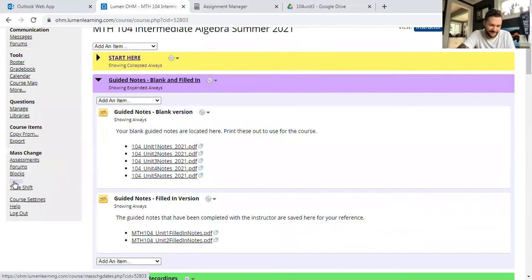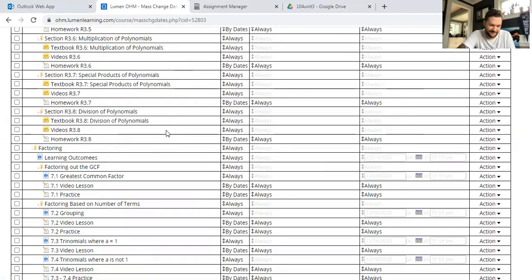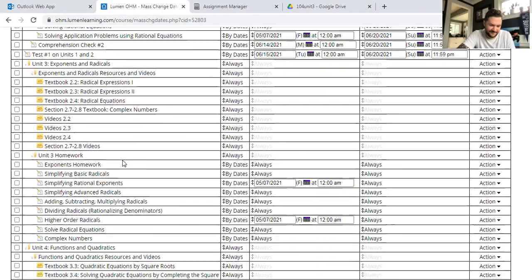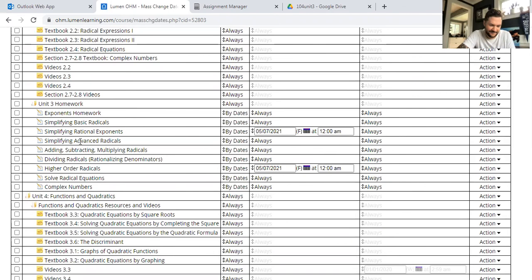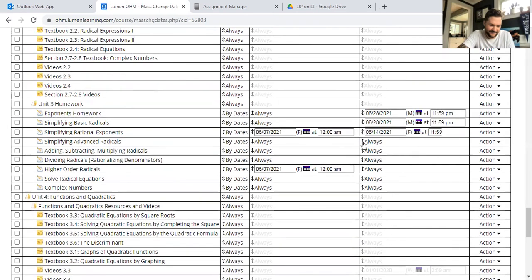I don't know about all of that. Okay, give me some ideas. Let me look at them real fast. Unit 3 homework, here they are. Give me a different scheme if you'd like something different. I'm just going to open these up.